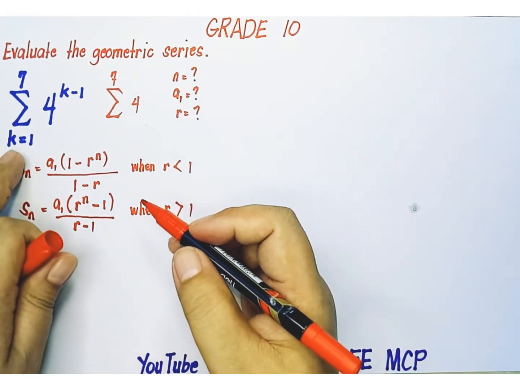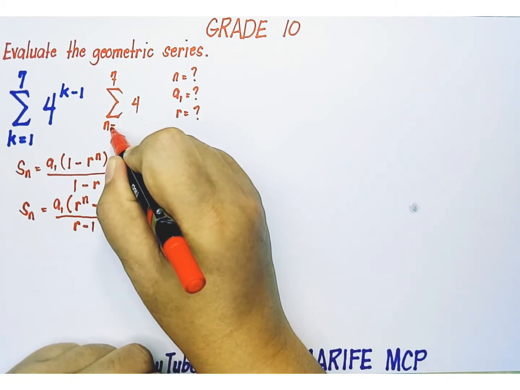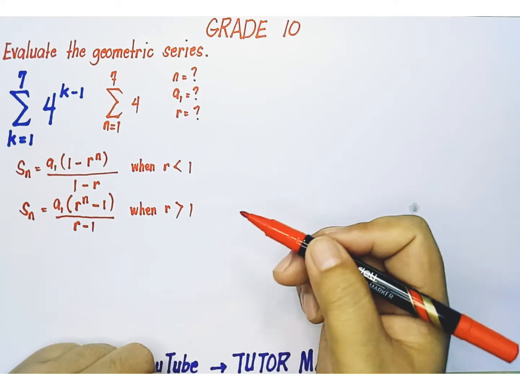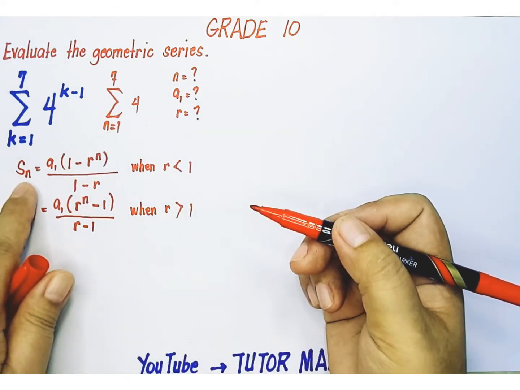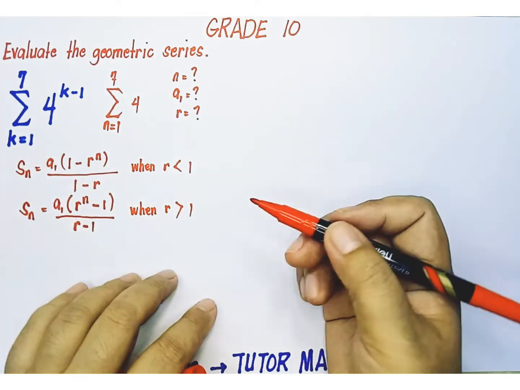Yan. Instead of letter K, gagamit tayo ng letter N para consistent sa variable na nagagamit doon sa na-encounter mo ng sum formula.